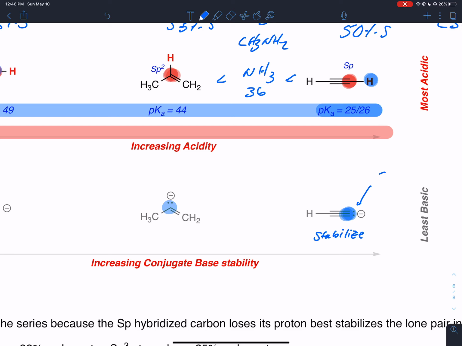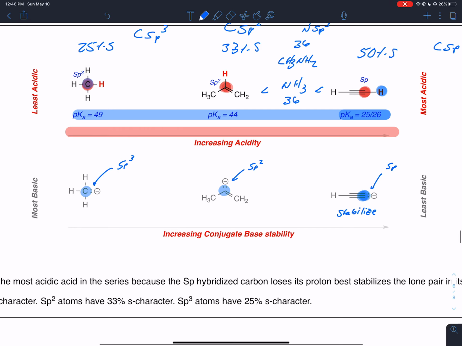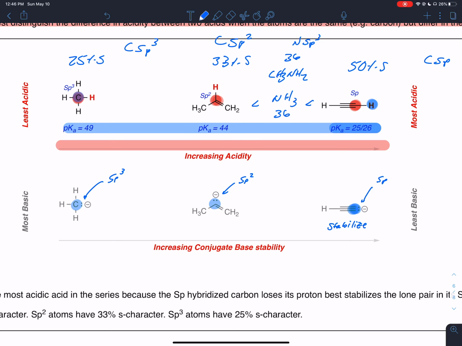The lone pair is located in an sp orbital. The lone pair here is located in an sp2 orbital, and the lone pair here is located in an sp3 orbital. And that lone pair is best stabilized in the sp orbital. We would say that CH3- is the least stable anion in this series.